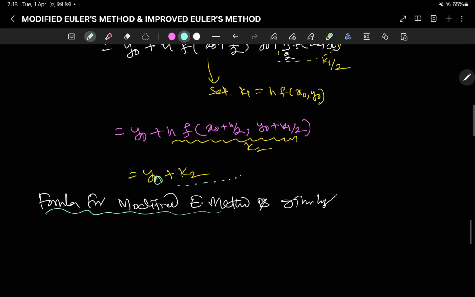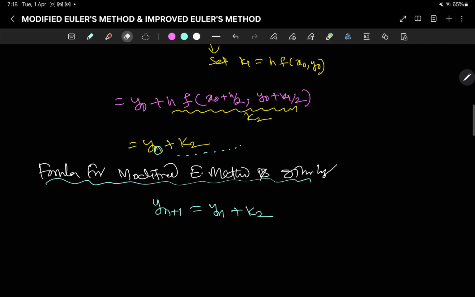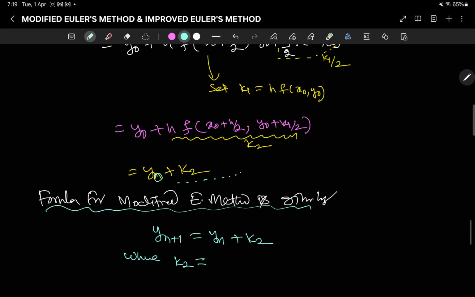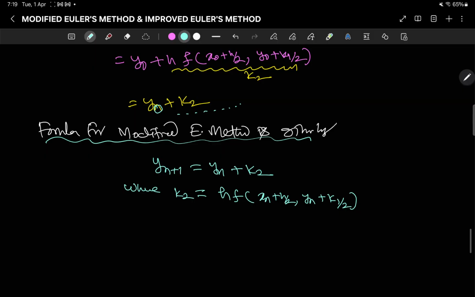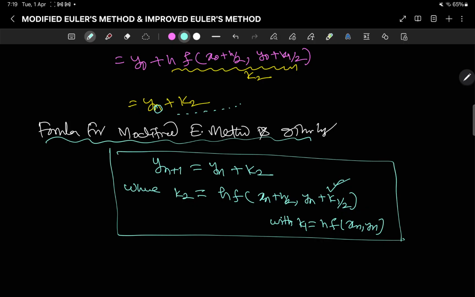So the formula is yn plus 1 is yn plus k2, with k2 equal to, as I have told you, hf(xn plus h by 2, yn plus k1 by 2), with k1 equal to hf(xn, yn). So this is the formula for the modified Euler method, or what we call the polygon method.